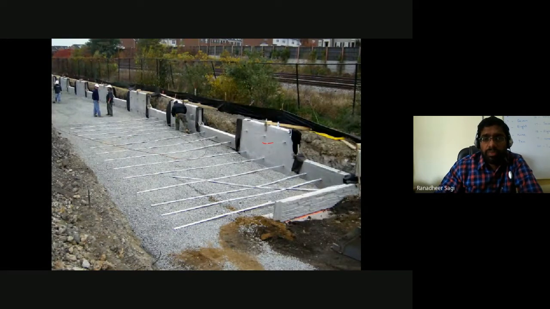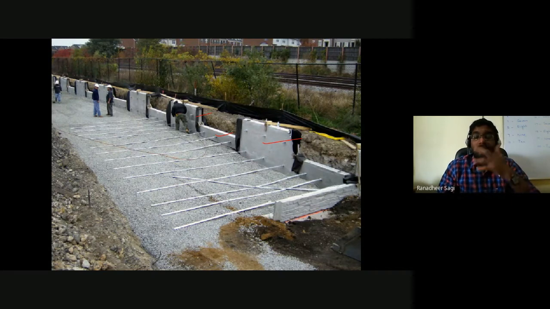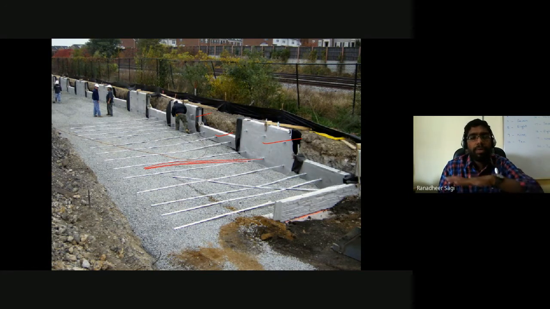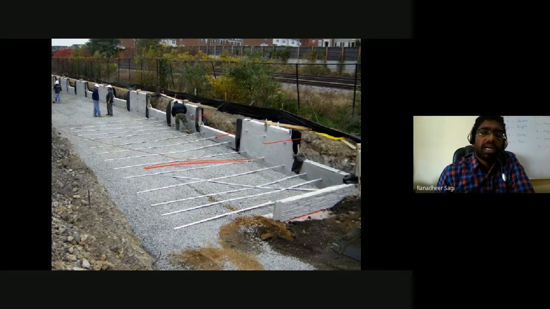First we place the basic panels at the ground level, and you also see that to those panels you have some reinforcement, and those reinforcing bars are extended into the surface where you are going to fill the soil later on.